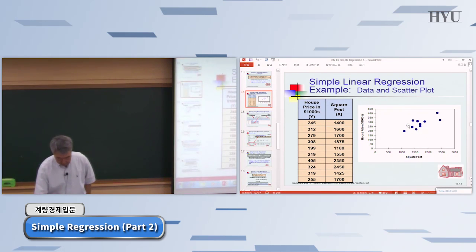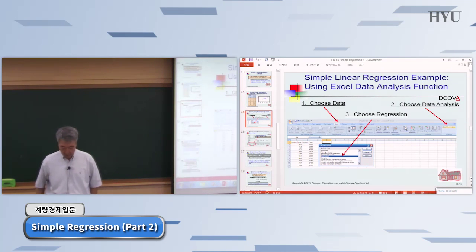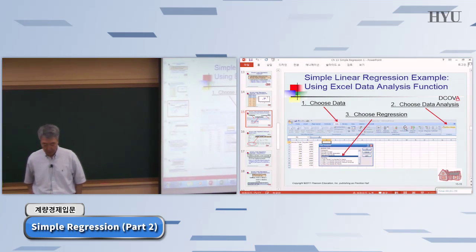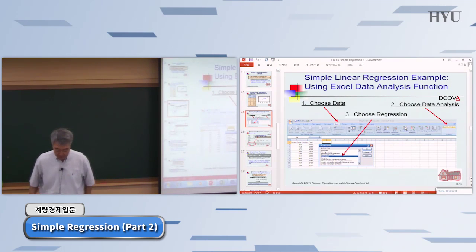And then you can run the actual regression, right? And let me show you how to do that here in Excel today. Okay? So first step is choose the data right here, clicking on the data here. And the second step is click on the data analysis, and then you choose regression.